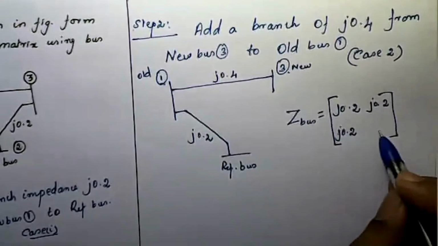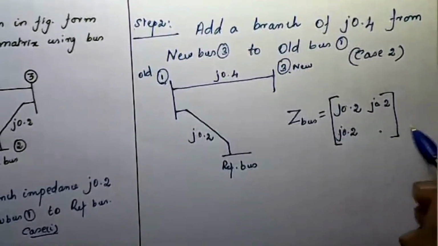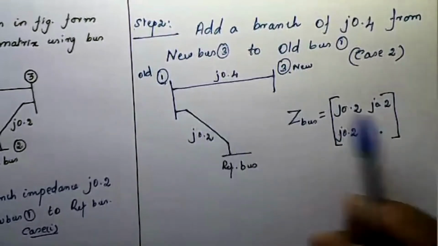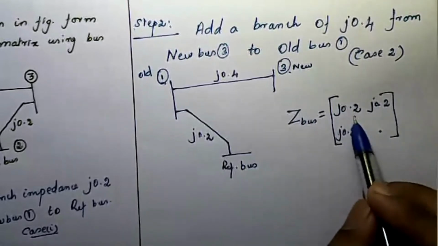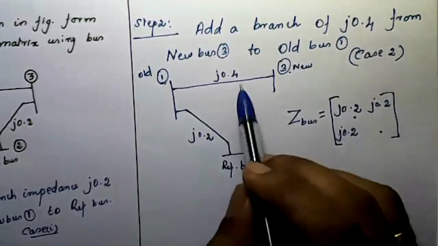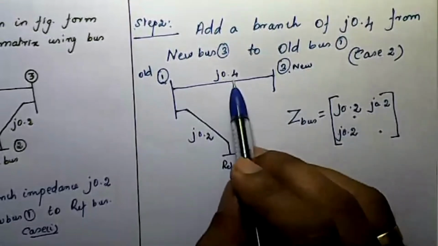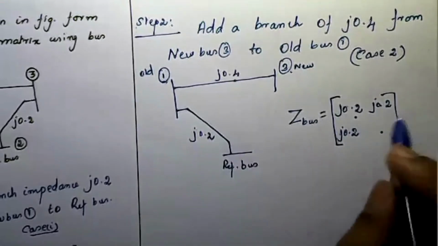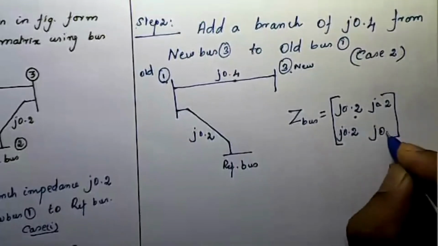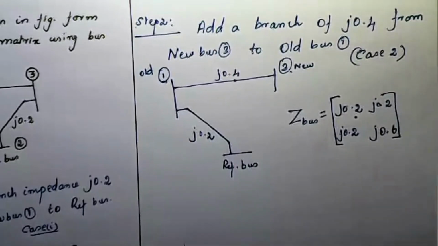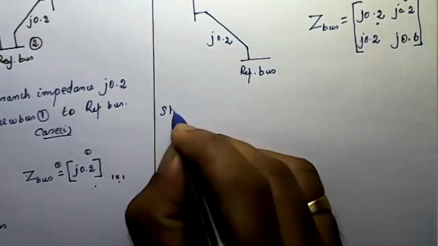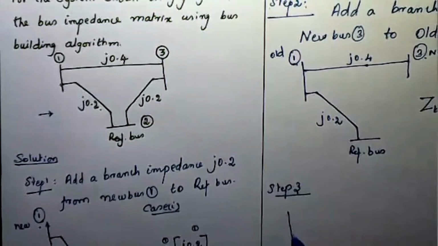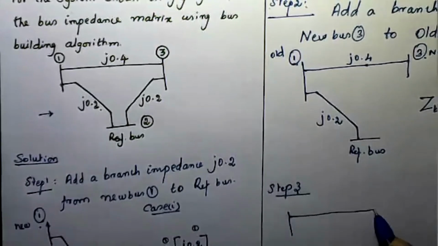Then the diagonal element is equal to the previous diagonal element plus the new branch impedance. Here the previous diagonal element is J0.2 and the new branch impedance is J0.4. Therefore, that is equal to J0.6. Now let's go to step number 3.